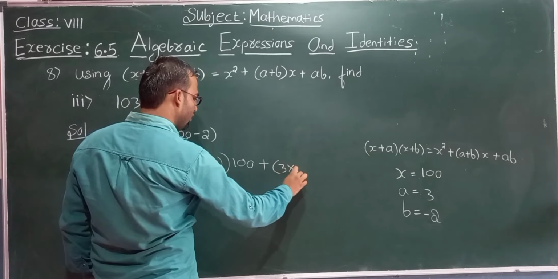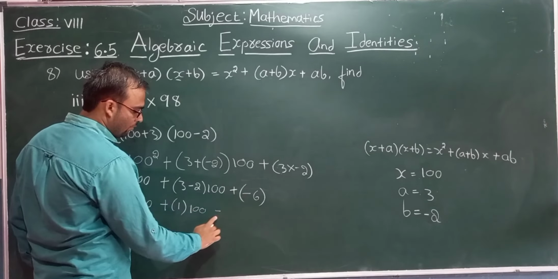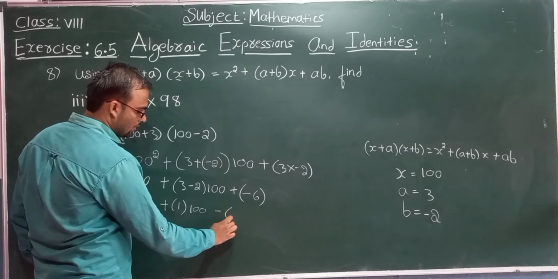Next, 10,000 plus 3 minus 2 will be 1 into 100, plus into minus will be minus 6.